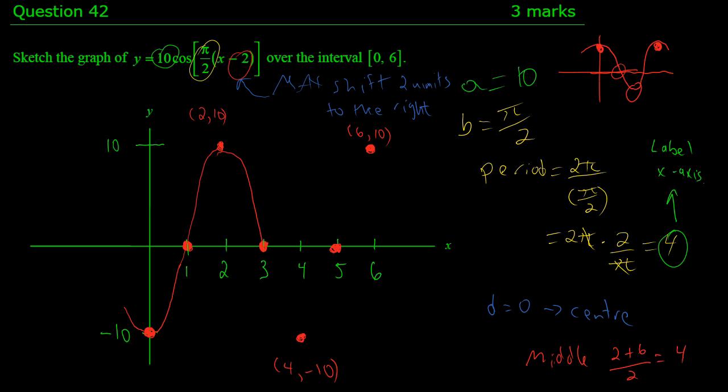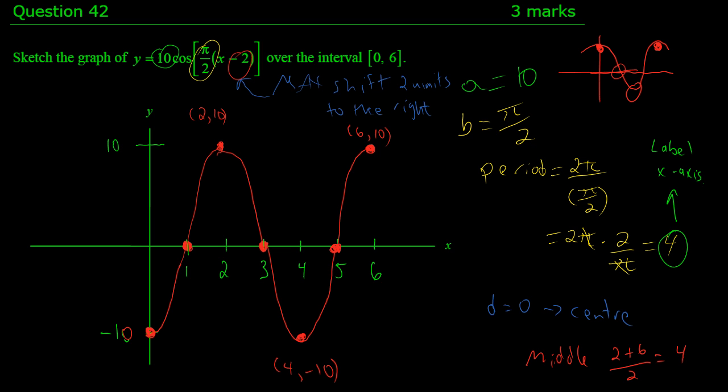I don't know how particular they are. So I'm going to stop right at 6, but curve it so you can see it leveling out. You don't want it to look like it's continuing to increase. And this one right here, I'll just erase that. Okay, wonderful. So this is our curve that shows the sketch over the interval of 0 to 6.